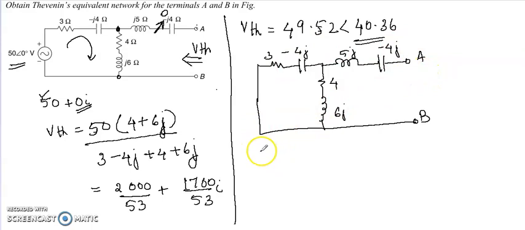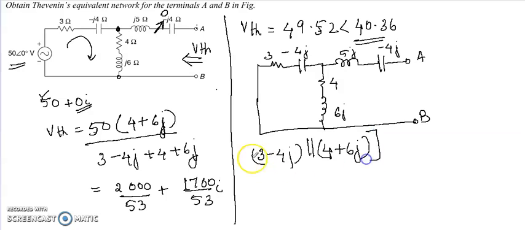Therefore, we will get it as 3 minus 4j parallel 4 plus 6j, the whole plus 5 minus 4j, that is 1j.